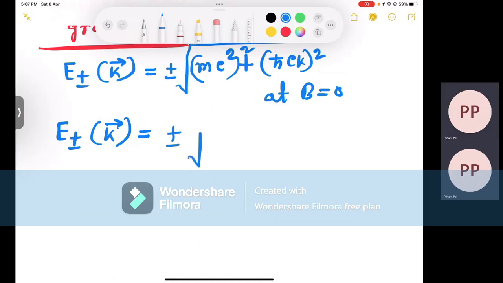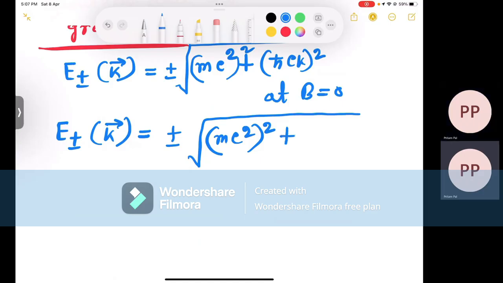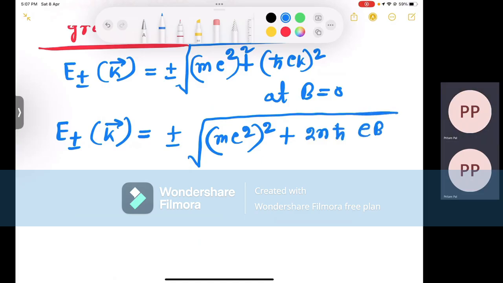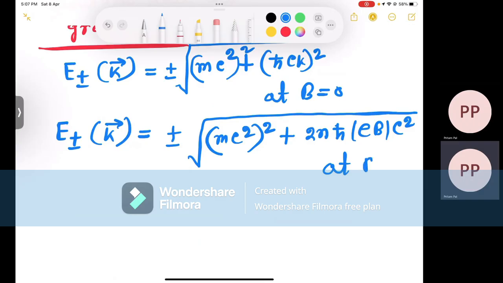There is mc squared, of course, from the rest energy. Then you have the same plus the quantized part: 2n h cut eB c square, at p not equal to 0.